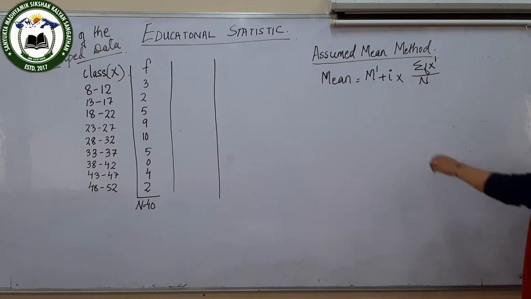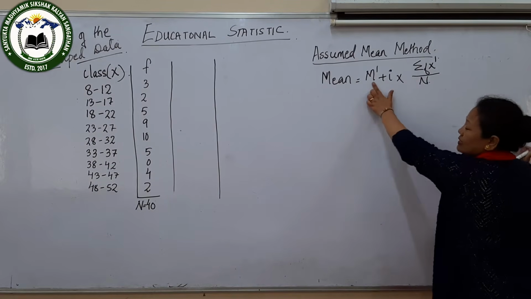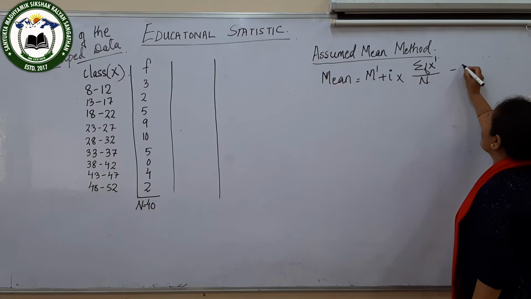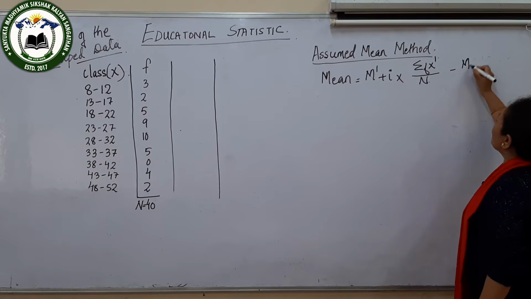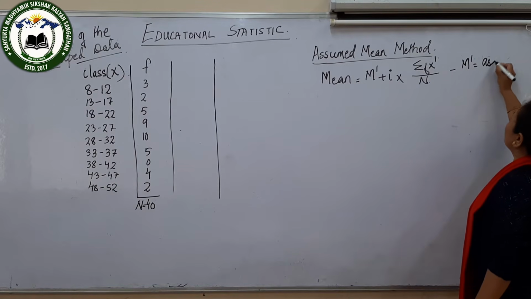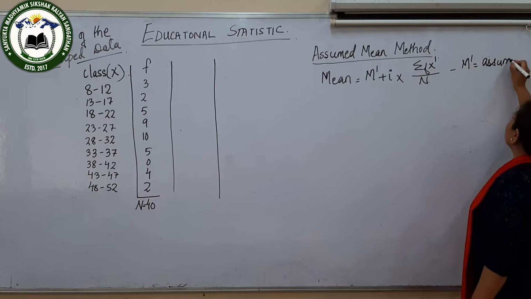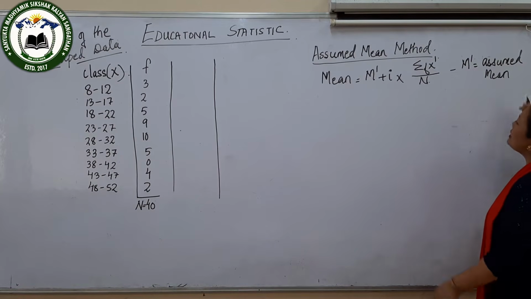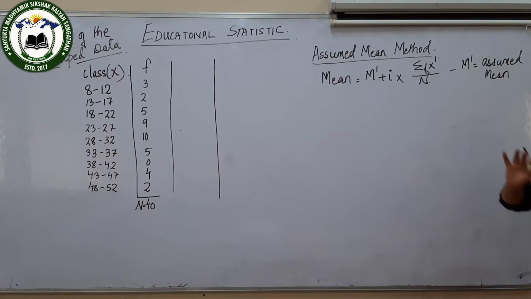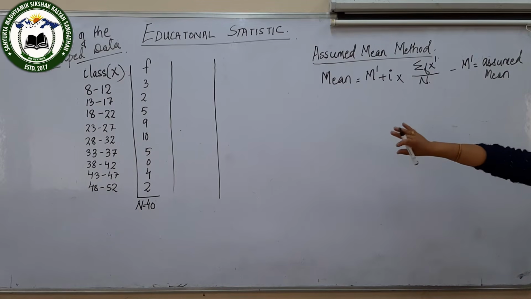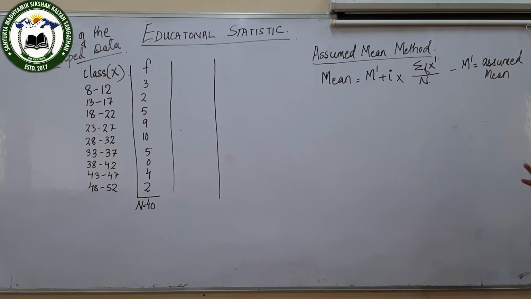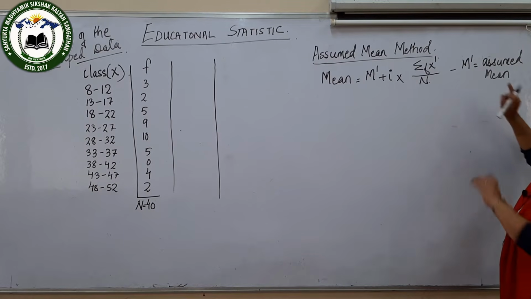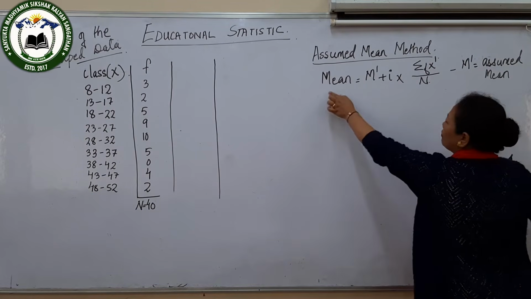Okay, I hope you remember m dash is my assumed mean. So I'll write over here m dash is your assumed mean. You'll take any one score. Now in this class we'll take any midpoint as our assumed mean to find out the real mean.